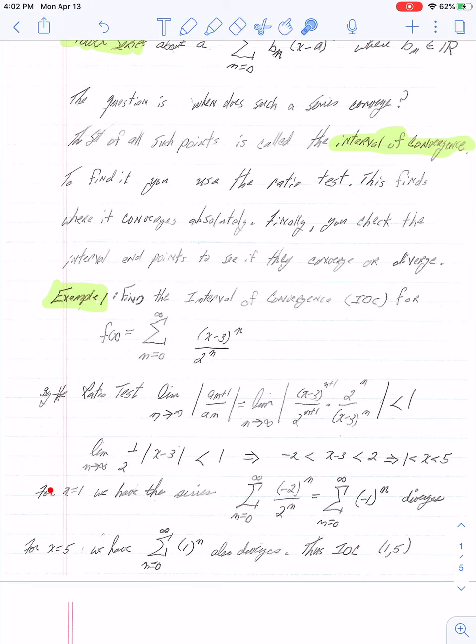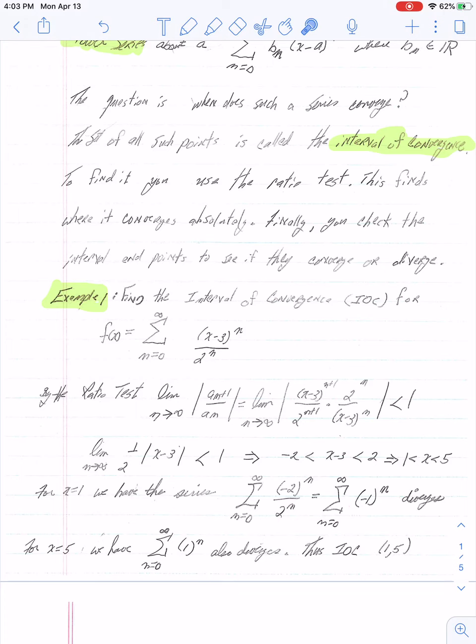All right, so let's test x equals 1. I go back up here and I stick in 1. 1 minus 3 is minus 2. So upstairs I get minus 2 to the n, downstairs I get 2 to the n. It's not hard to figure out that that simplifies to just minus 1 to the n. So I've got the series n running from 0 to infinity of minus 1 to the n.